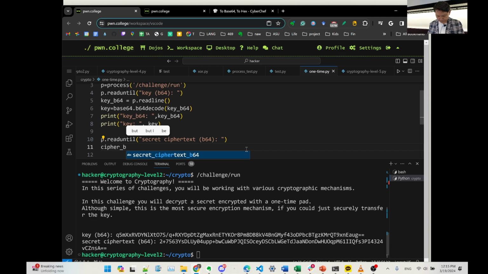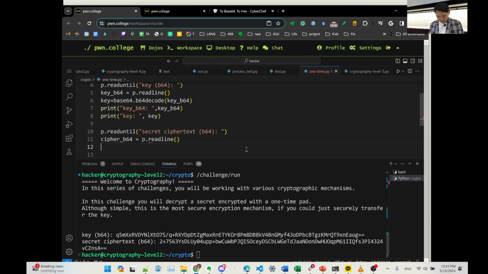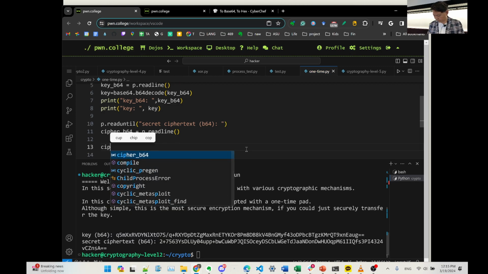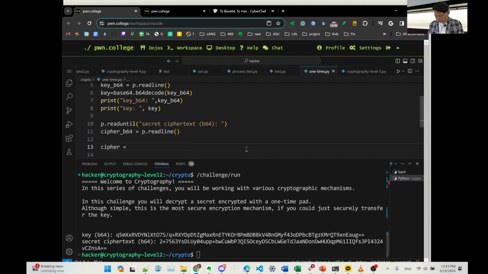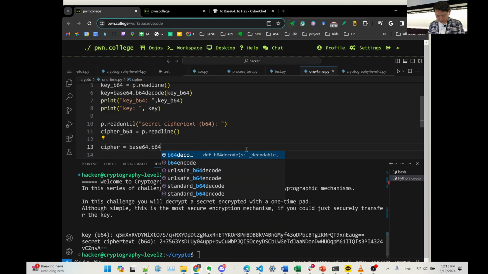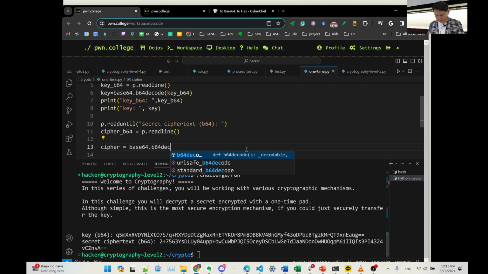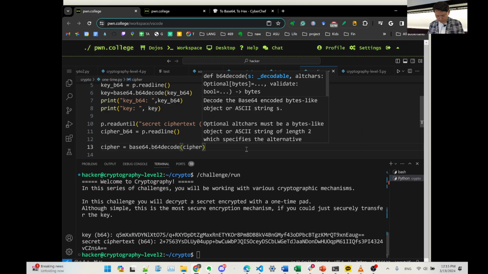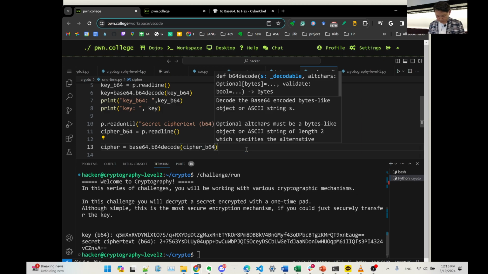Base64, and then decode that cipher. Base64 decode.